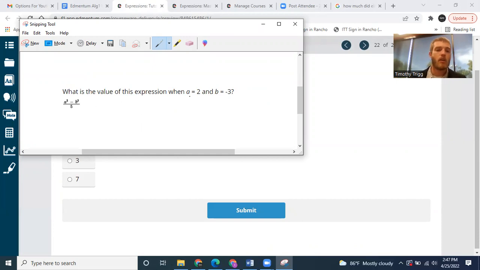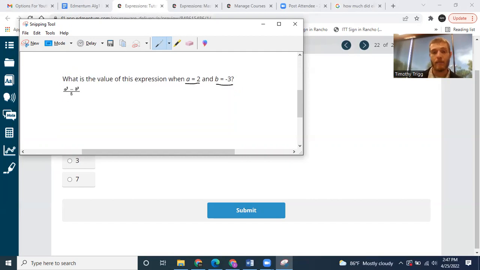So here it says the value of a is 2 and the value of b is negative 3. So what we can do is replace the a with what its value is. So we're going to replace a with 2 and we're going to replace b with negative 3. So I'm just going to rewrite this, but replacing a and b with these two numbers here.